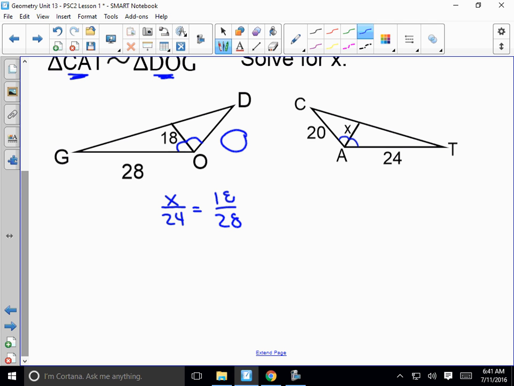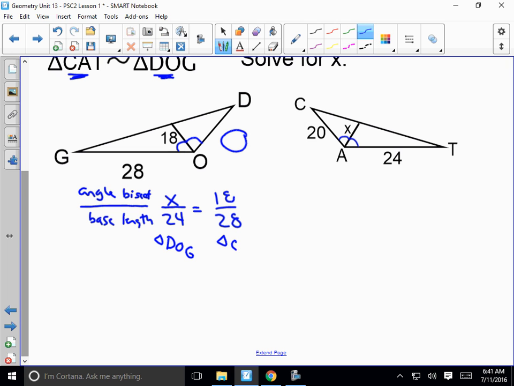In this case, angle bisectors have to be on top over base length for each. So I've got angle bisector over base length, and then this one comes from the DOG triangle.